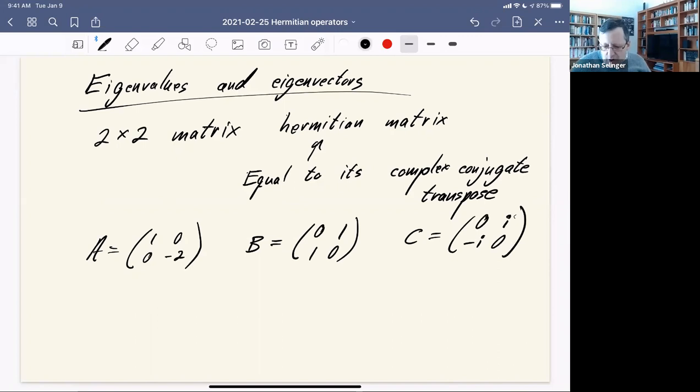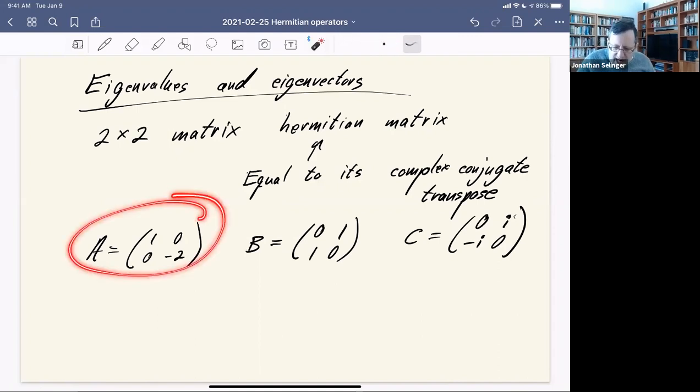So you can certainly see, if you have a matrix like A and you take its transpose, you just get A, because it's all symmetric about the diagonal. And if you take the complex conjugate, you still have A, because it's all real. With B, this is also real and symmetrical.